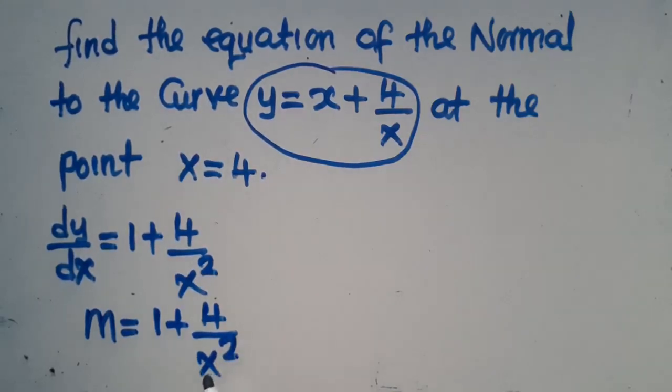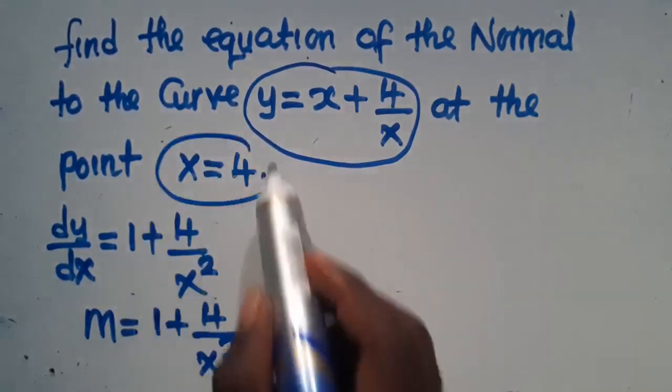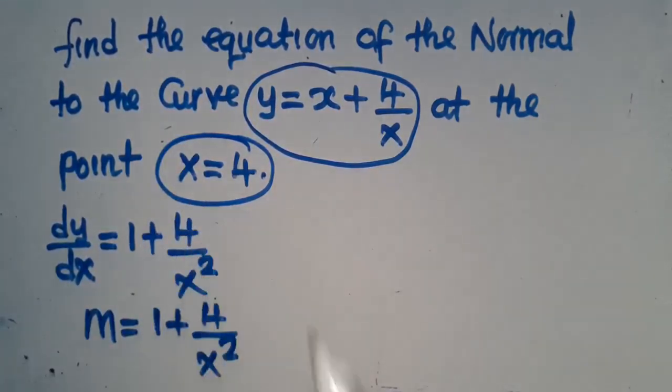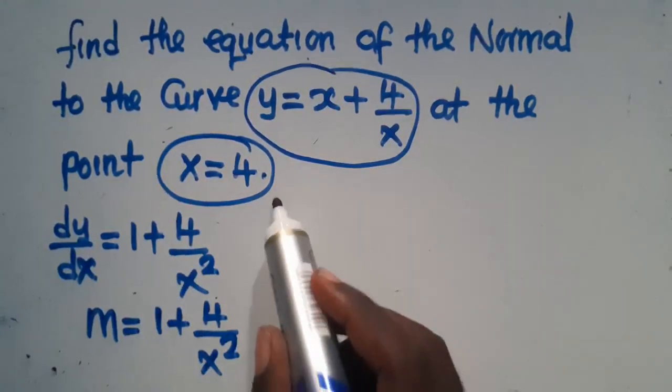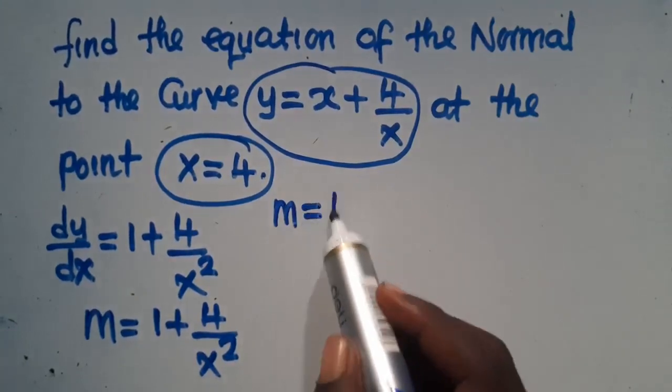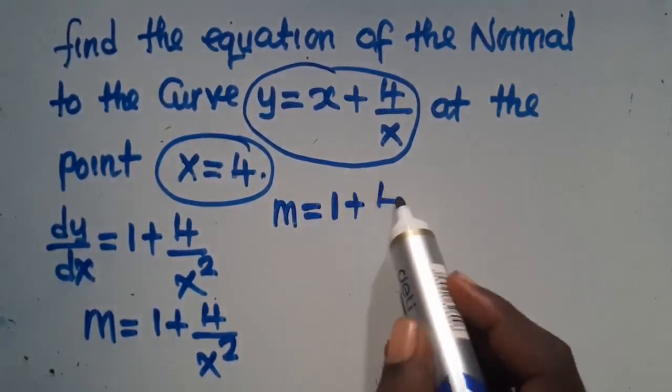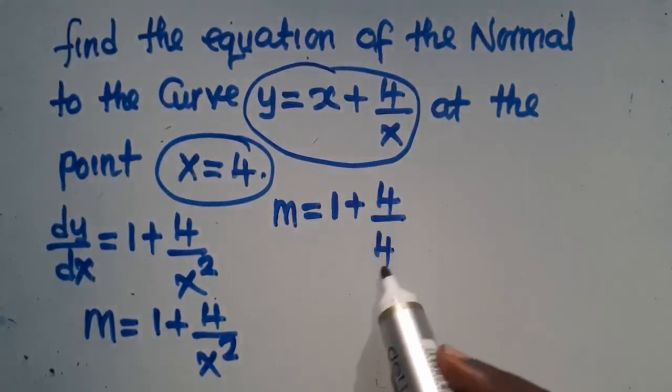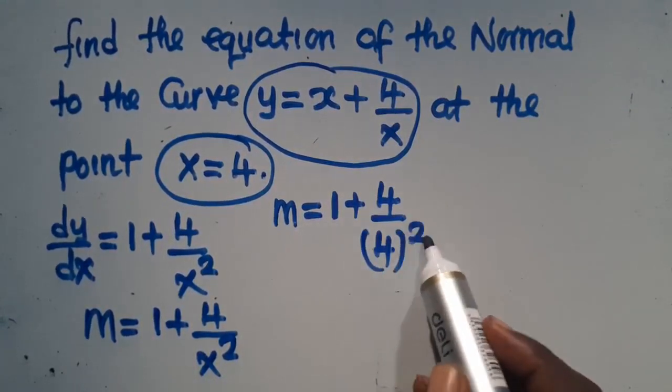Where there is x, you put this value, at the point where x is equal to 4. So m is equal to 1 plus 4 over 4 to the power 2.